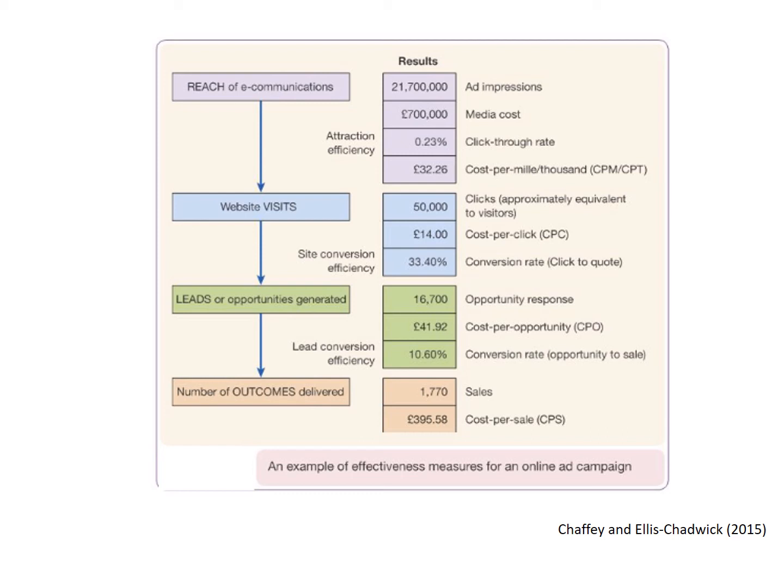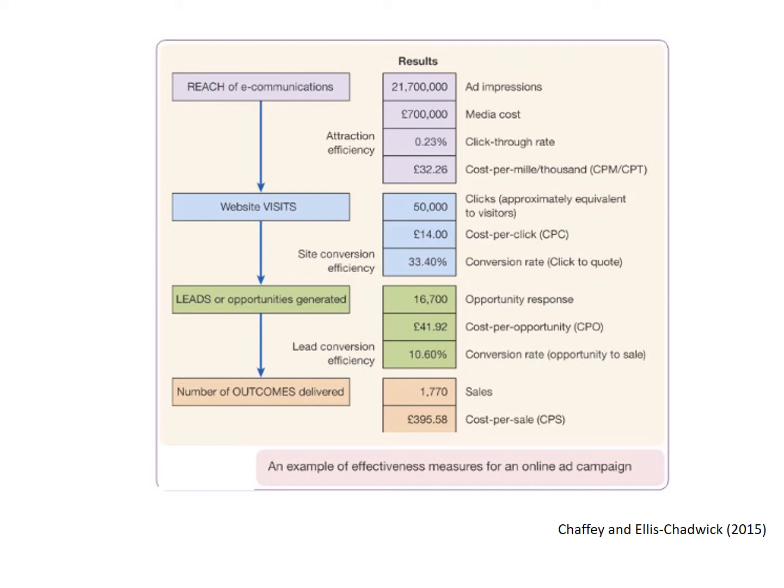And then if we look at the clicks, approximately equivalent to visitors, this is going to cost approximately £14 per click. So this is now people from the ad impressions coming on to visit your site.